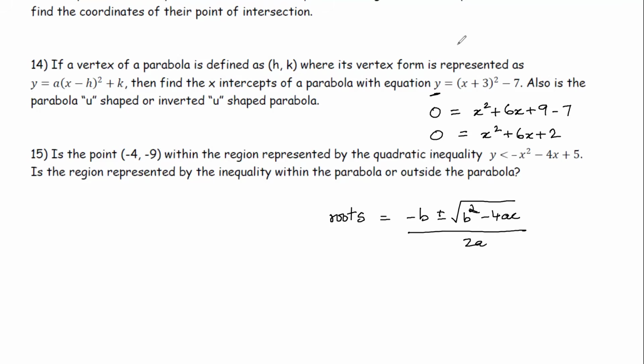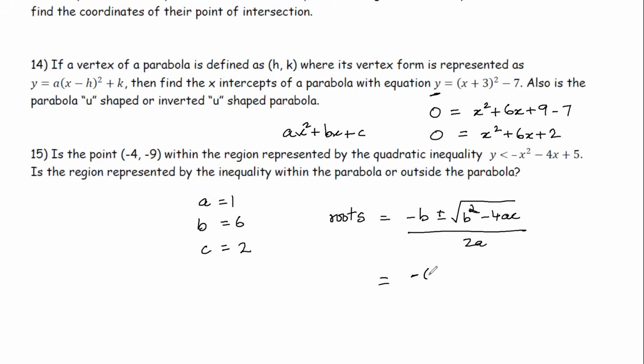If you compare this with the general form ax square plus bx plus c, a is 1, b is 6, and c is 2.